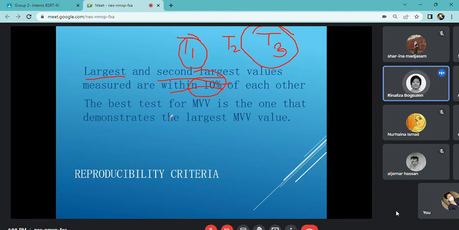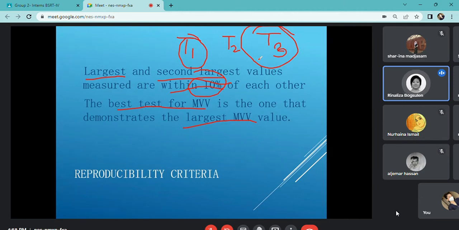And then, remember, the best test is the one that has the largest value. So if trial 3 has the largest value for your MVV, this is considered your best test, as long as it has fulfilled the acceptability criteria and the reproducibility criteria.